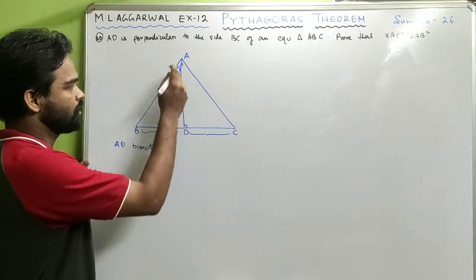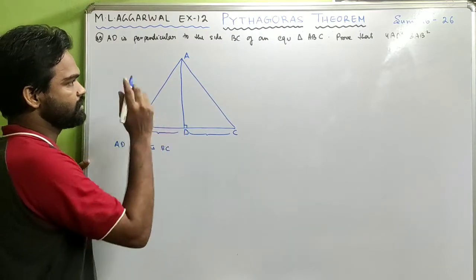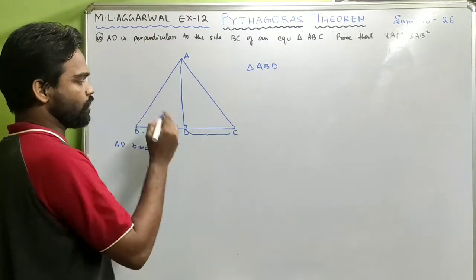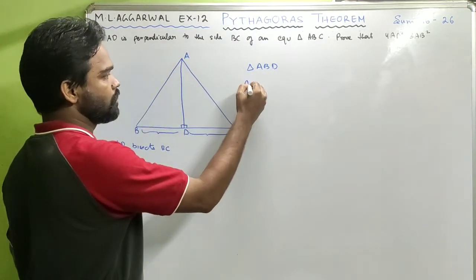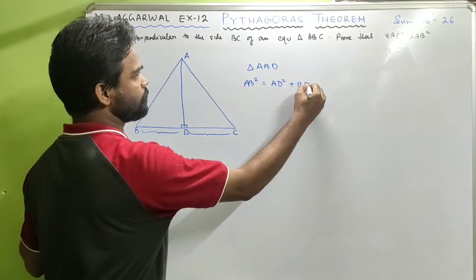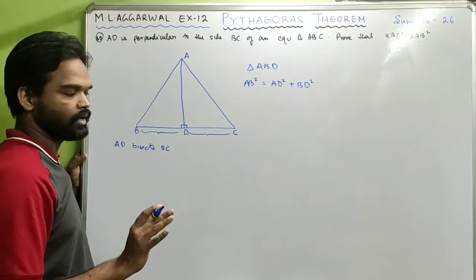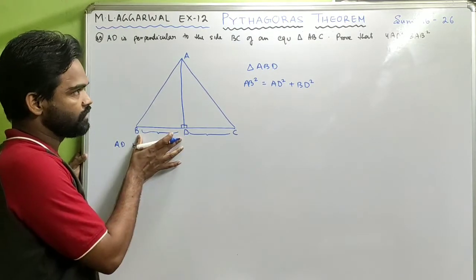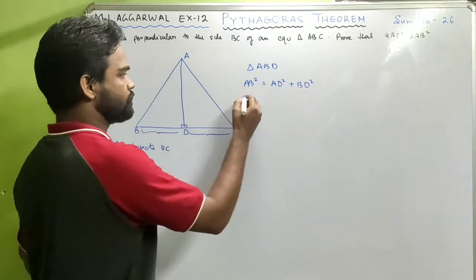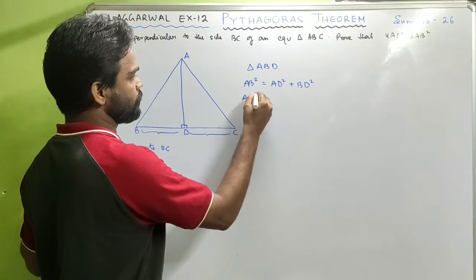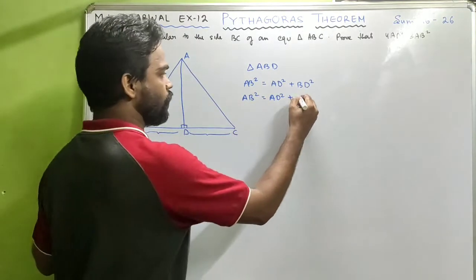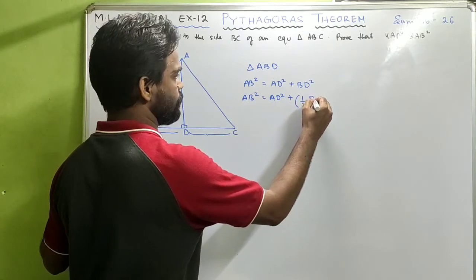Prove that 4AD square is equal to thrice of AB square. Now pretty easy. Just look. In triangle ABD, AB square, because that's the hypotenuse, is equal to AD square plus BD square. Done. Now look, BD I can write half of BC, so AB square is equal to AD square plus half of BC whole square.